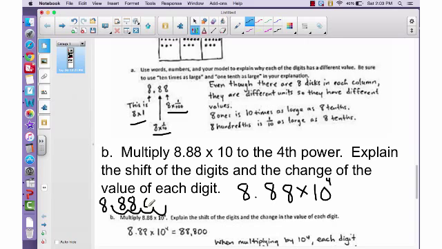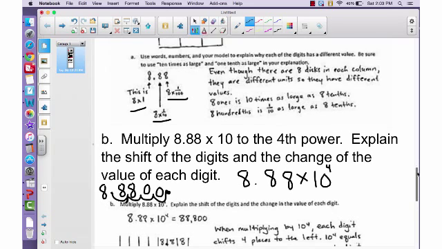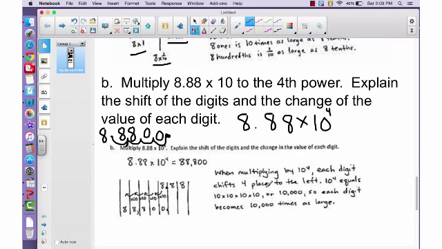That means I need to put in 2 zeros. And the new decimal point goes here. Well, that's like an invisible decimal because I don't have any digits in the tenths place. So this is a whole number. And if I count over, the comma would go right there, and that number would be 88,800.